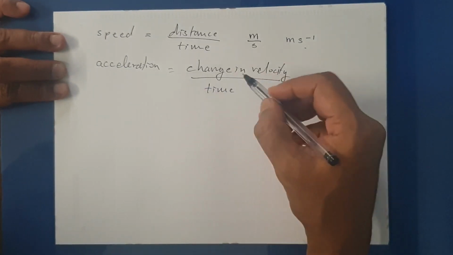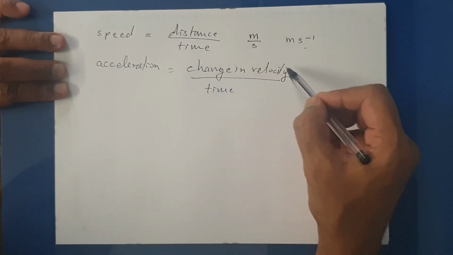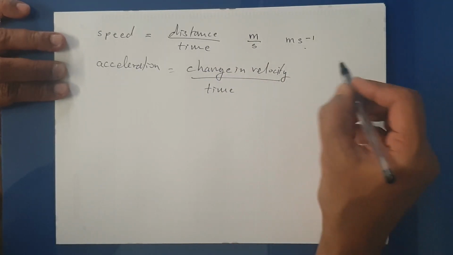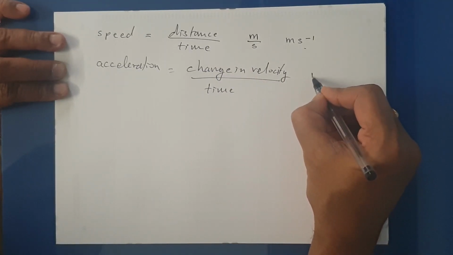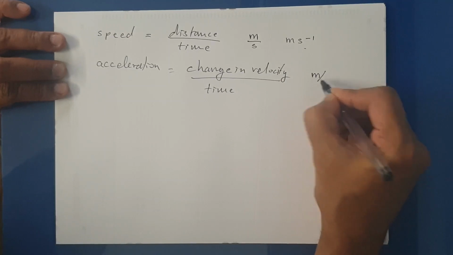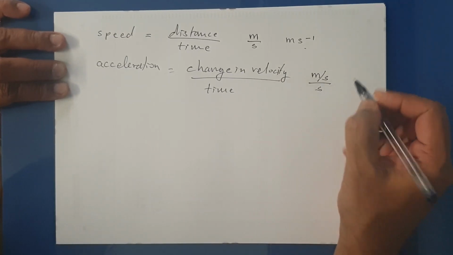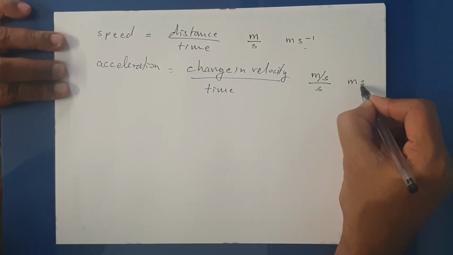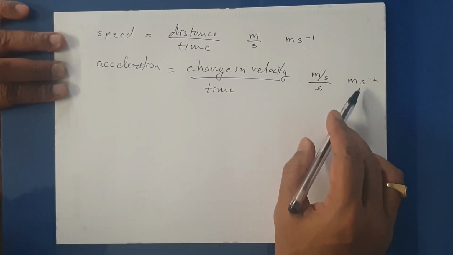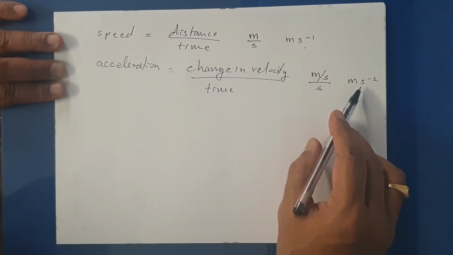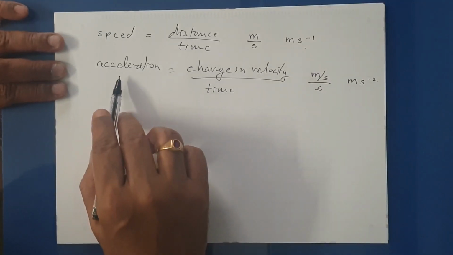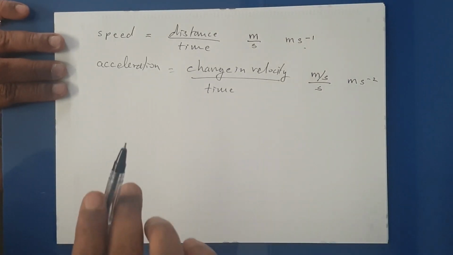So the unit of acceleration should have the unit of change in velocity. Change in velocity will have the same unit as that of velocity. What is that? Meter per second divided by the unit of time. What is that? Meter per second squared. So meter per second squared is a derived unit, the unit of the derived physical quantity acceleration.